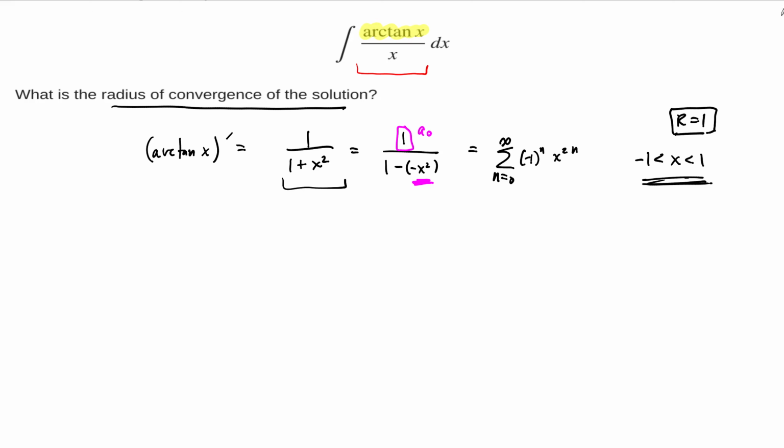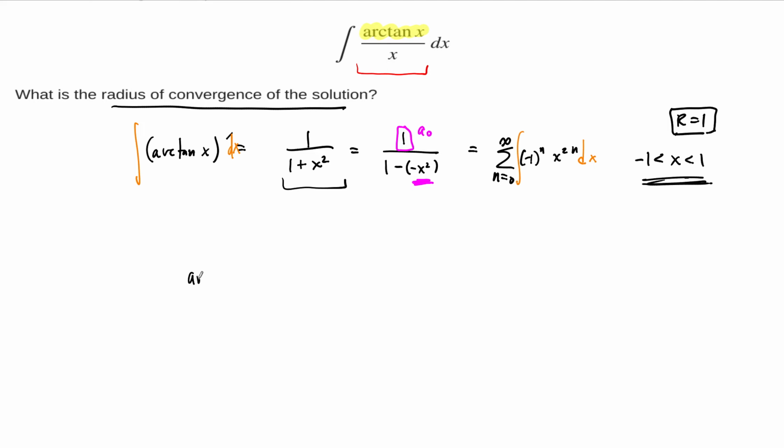What we want to do now is write down a formula for the power series of arctangent. This is the power series for the derivative of arctangent. So what we need to do is integrate this derivative to get a power series for arctangent itself. And so we can integrate term by term.